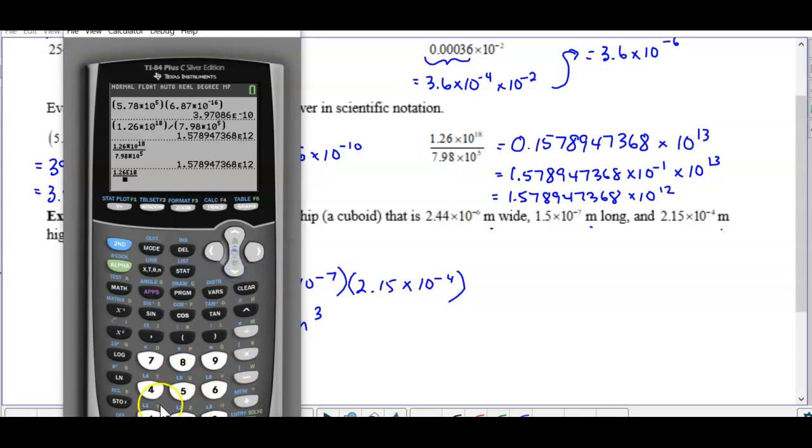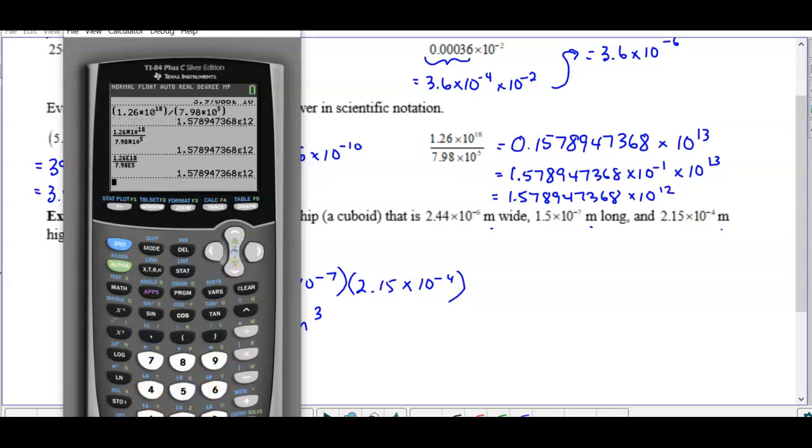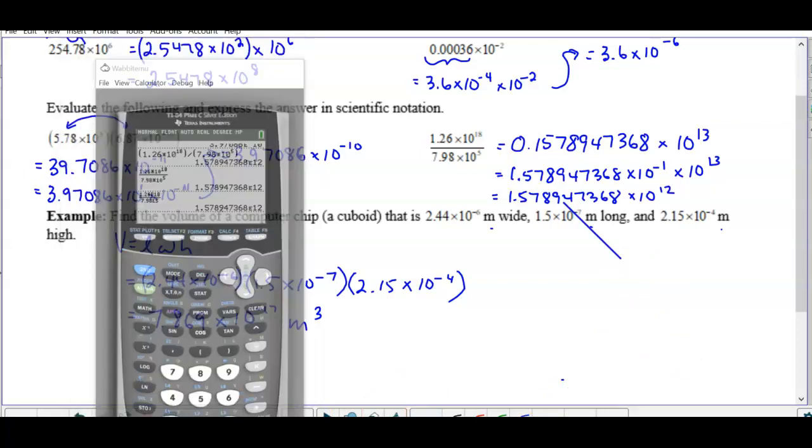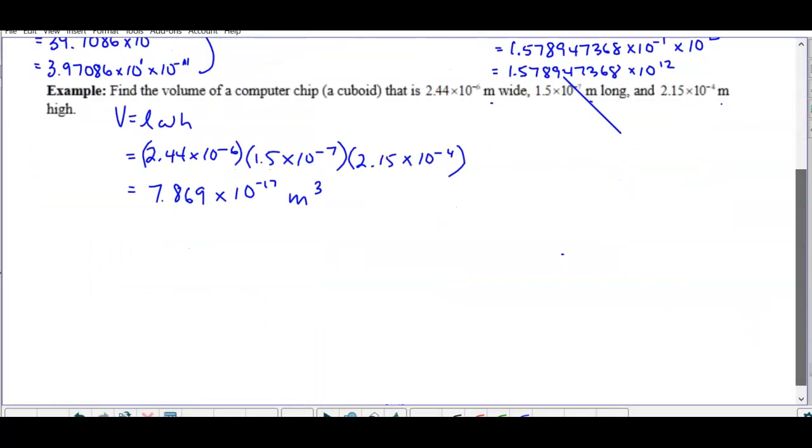Then down below 7.98, E5, same thing. Okay, so that's your calculator, and then I think we're done.